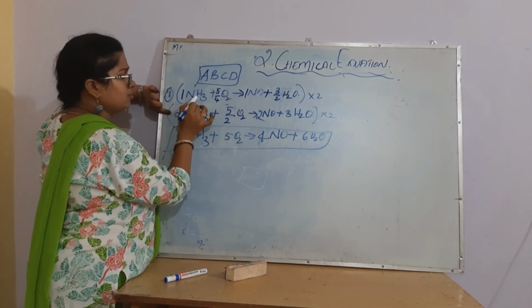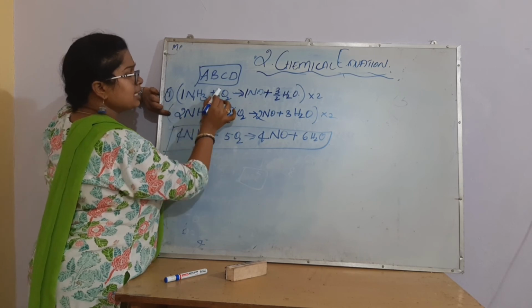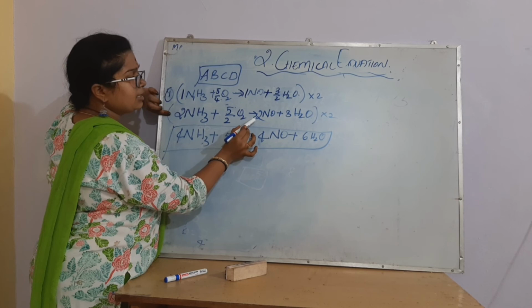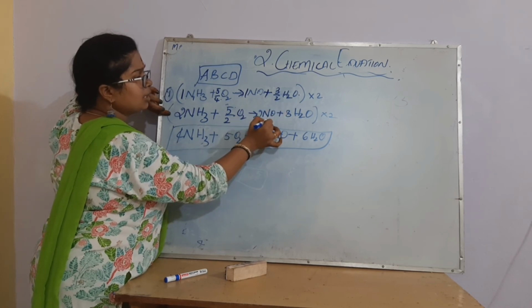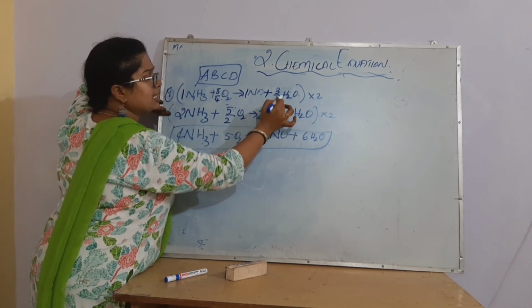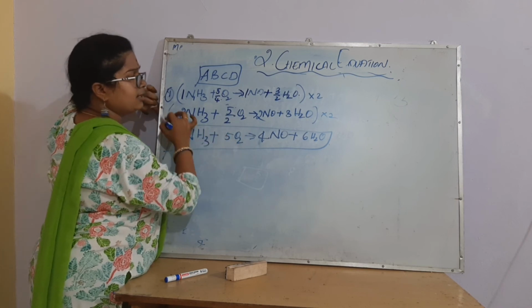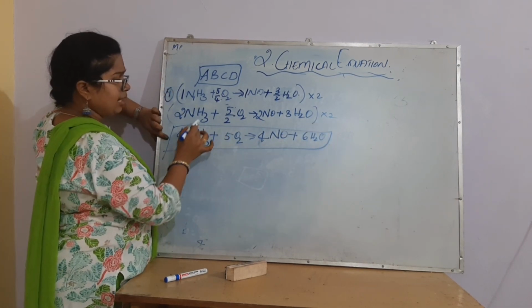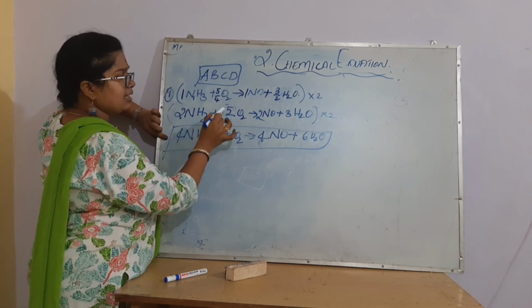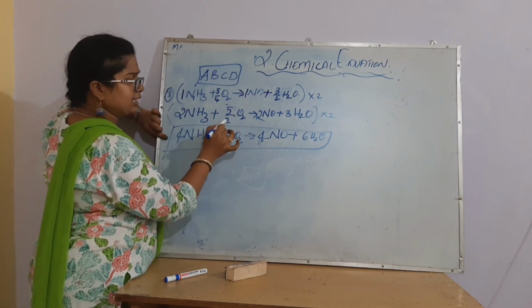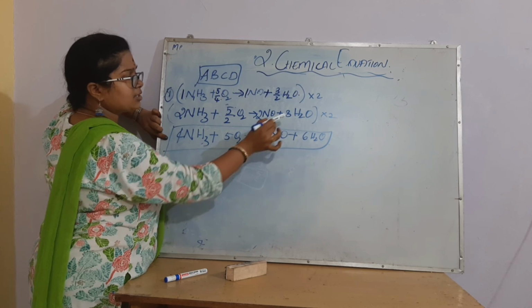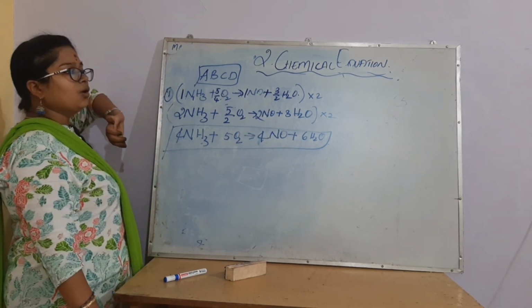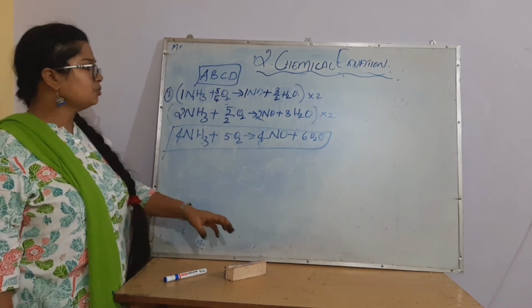So 2 into 2 NH3 plus 5 by 2 into 2, the 2s get cancelled, 5 O2 gives 2 into 2 is 4 NO plus 6 H2O.